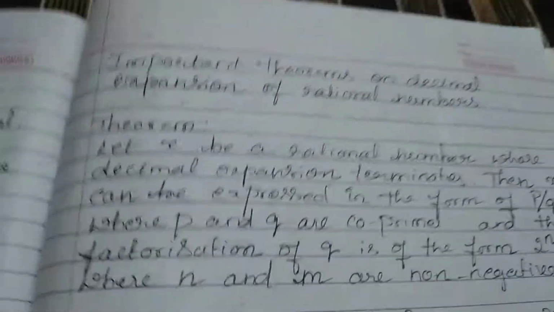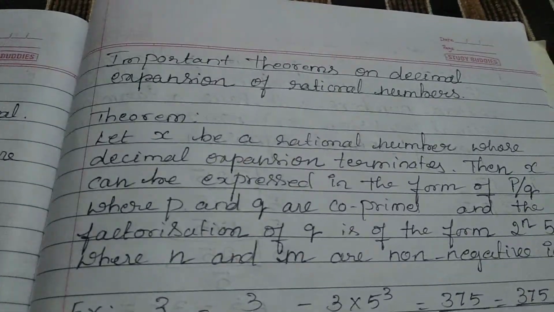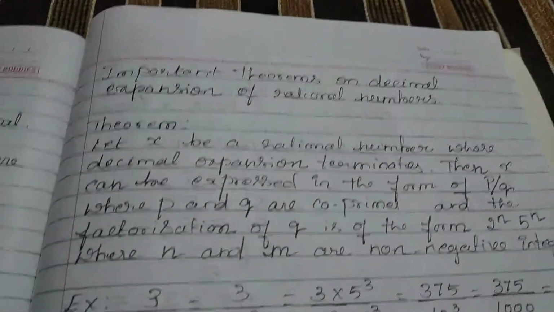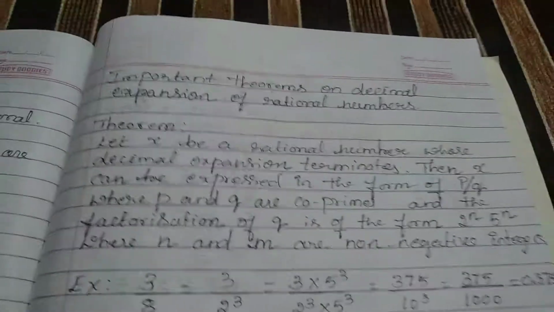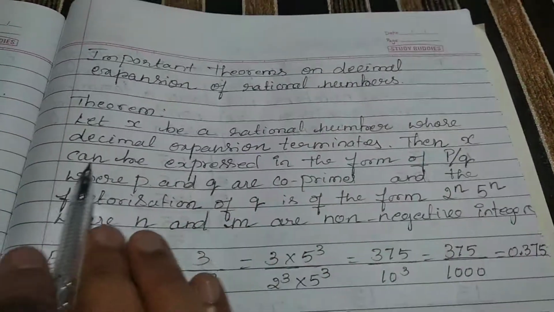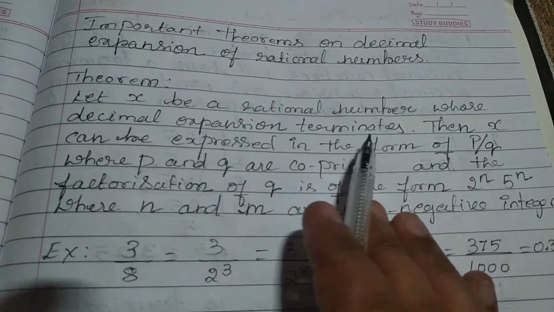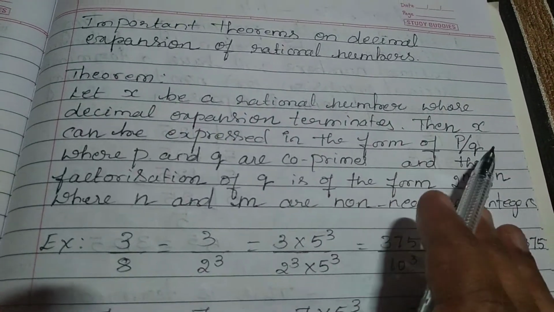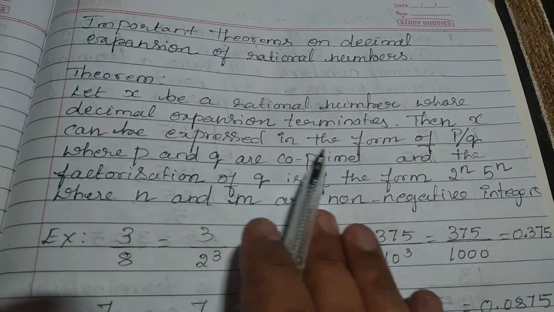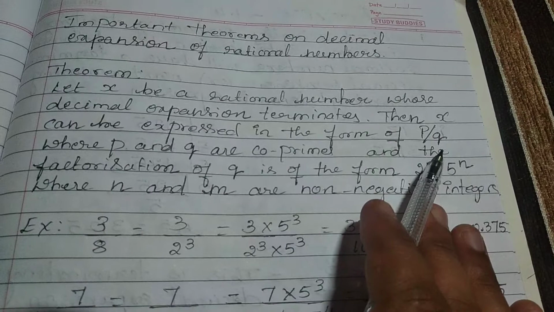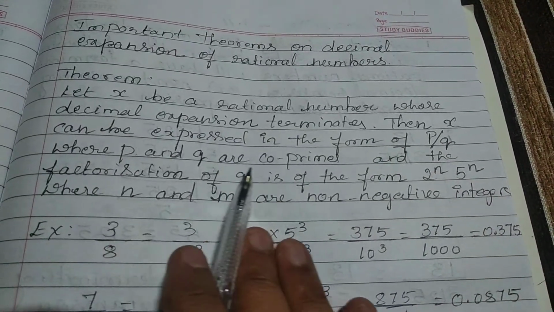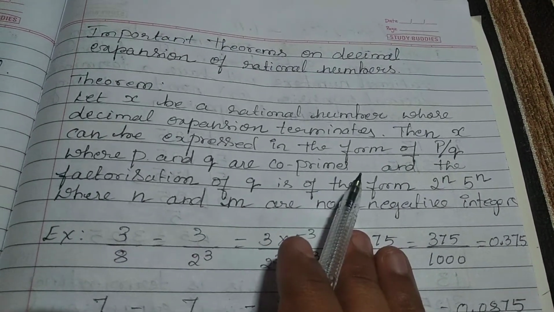The first theorem says like this: let x be a rational number whose decimal expansion terminates, then it can be expressed in the form of p by q, where p and q are co-primes.